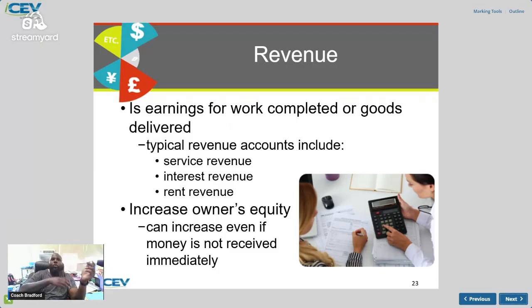When you get a credit card with Sam's, you swipe it, Sam's says you're going to pay their money back later, okay? So it still increases what they're worth because you owe them money. They can count on you paying them, allegedly. Okay, so revenue, earnings for work completed.